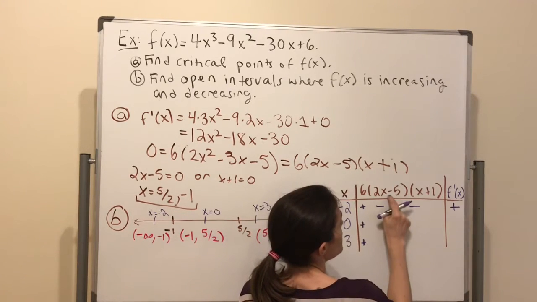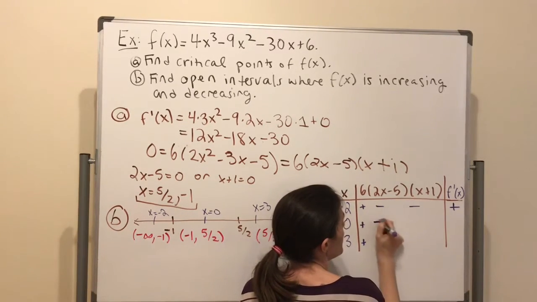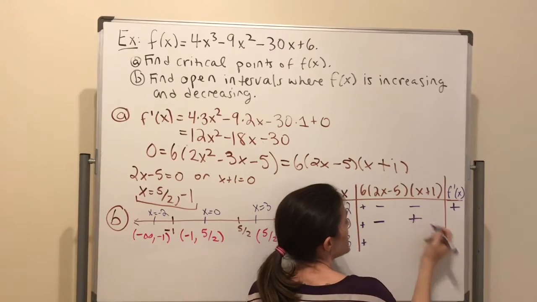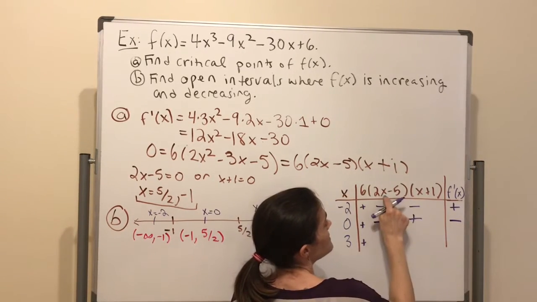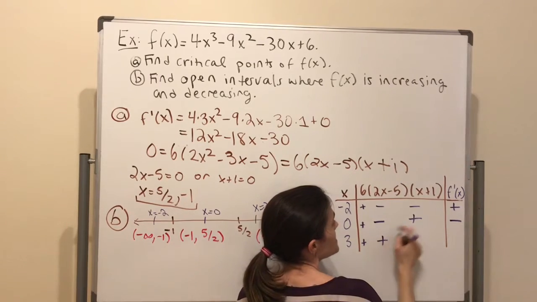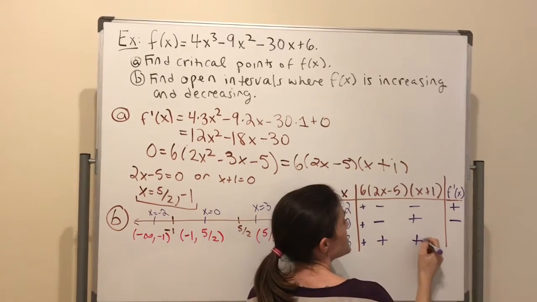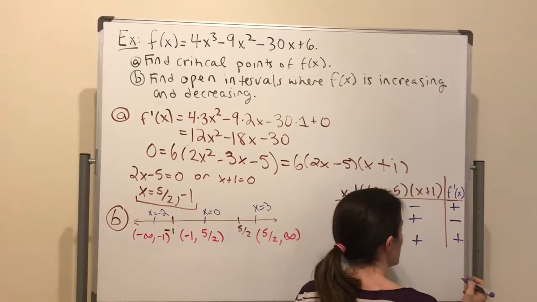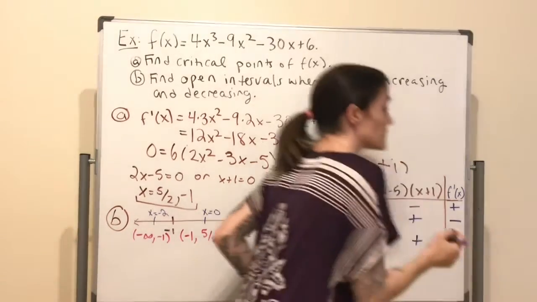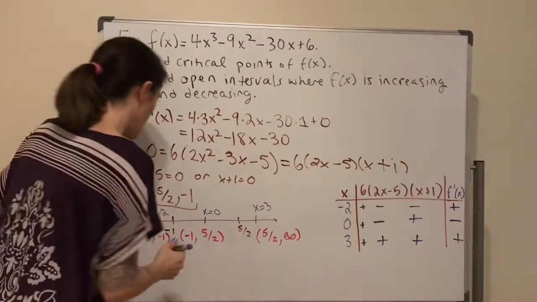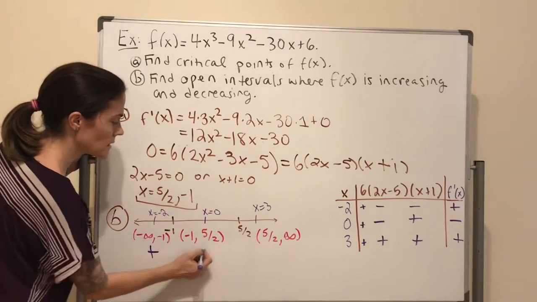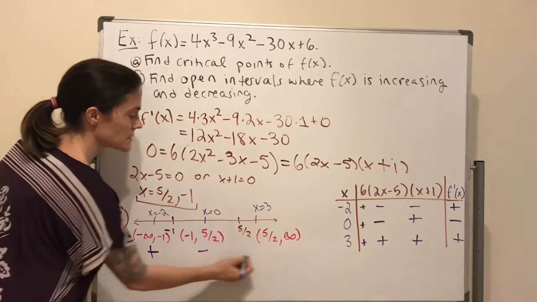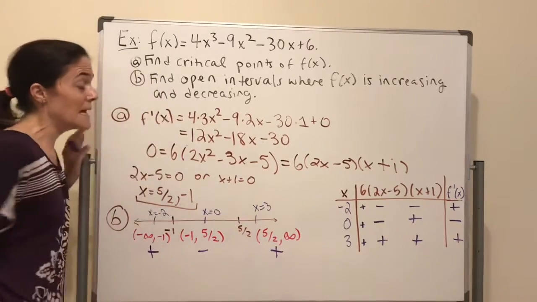Put in 0. This is -5, -1, positive. This is negative. Put in 3. This is 6 minus 5, positive. 4, positive, positive. So the sign of the first derivative I will put underneath the interval. Here I had plus, here I had minus, here I had plus.